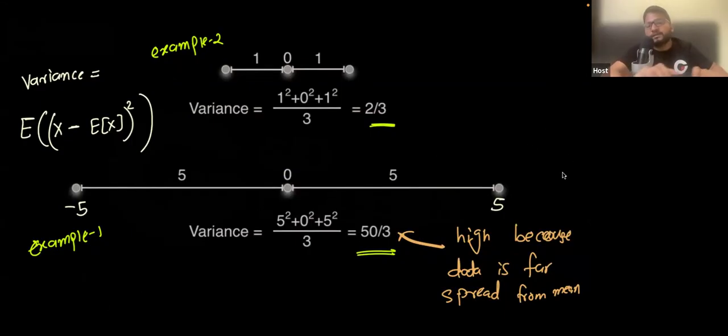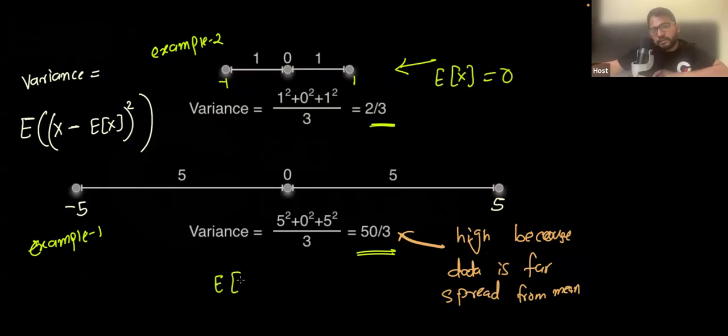In both cases, tell me the mean. If these are the three data points, this is +1, this is -1, this is 0, so the mean is 0. The expectation of x is 0 here. In example 1 it is -5 + 0 + 5, which is also 0. So the mean in both cases is 0, but the variance was different.